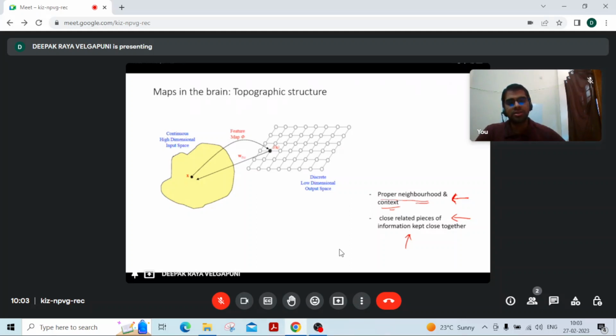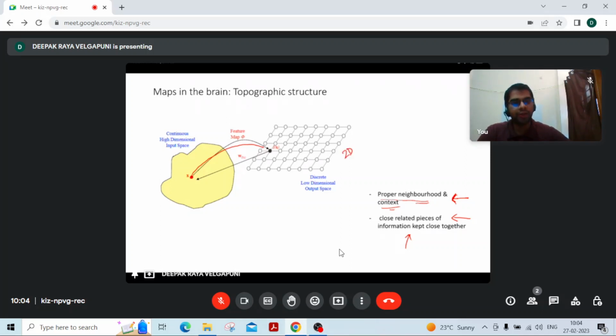So how are these maps able to evolve and get structured for the world you are seeing? It is basically a high dimensional feature. A point in the real world is high dimensional, but in the cortical sheet you have a particular point corresponding to that point, and this is a two-dimensional map.